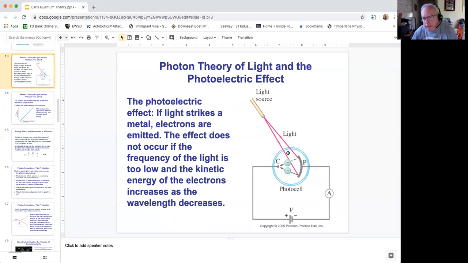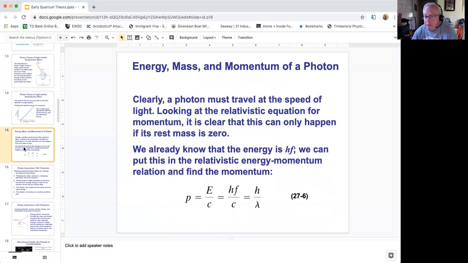And some of our fundamental concepts about conservation of energy and conservation of momentum must always be the case. And that would imply that light actually has momentum. Well, if it's got energy, then it should have momentum. And here's how you can calculate the momentum for a light particle. So it's directly dependent, once again, on the frequency of light and inversely dependent on the wavelength.